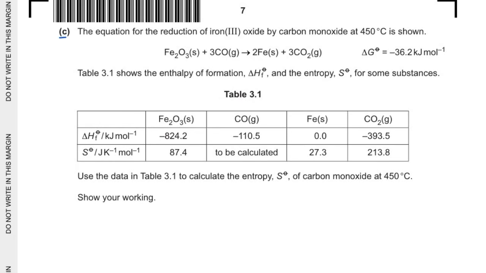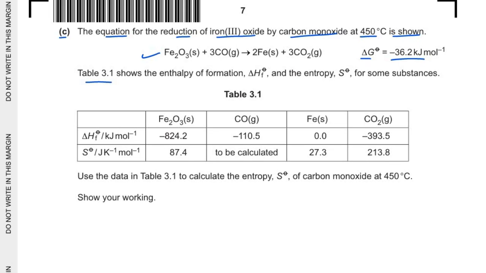The sub-question C is the equation of the reduction of iron 3 oxide by carbon monoxide at 450 degrees Celsius is shown here, and here is the equation. Delta G, that is Gibbs free energy change, is also given here, that is minus 36.2 kilojoules per mole.